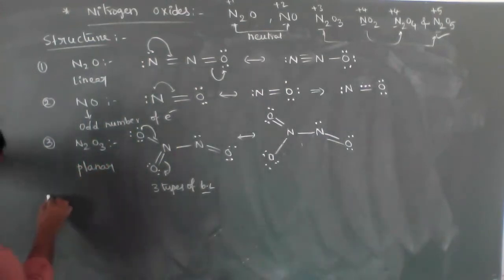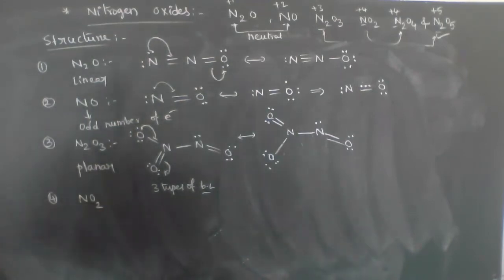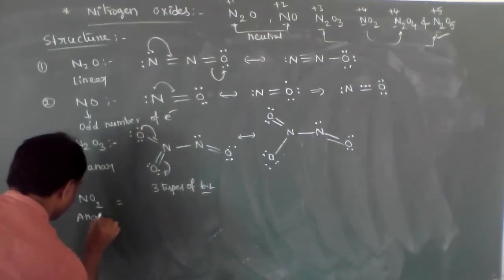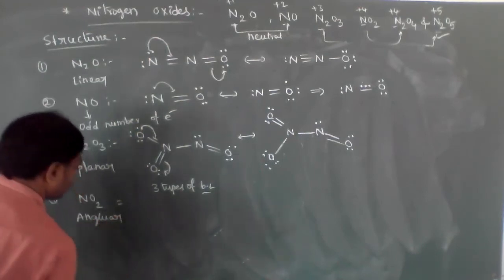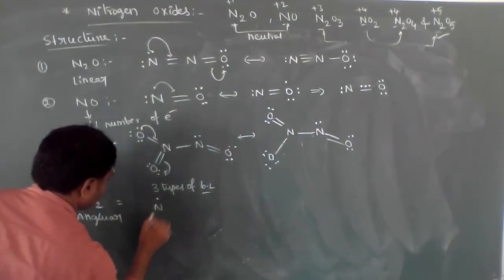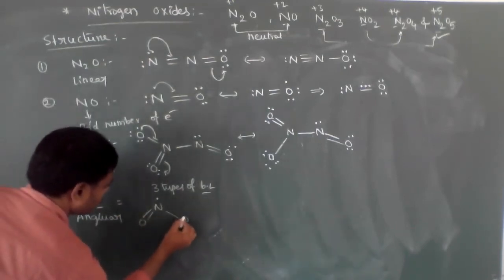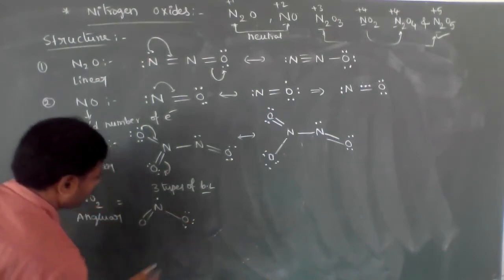Okay. Next one is NO2. NO2 is an angular molecule or angular shape. Here nitrogen has one odd electron present.